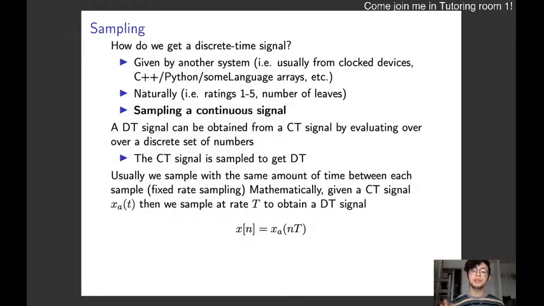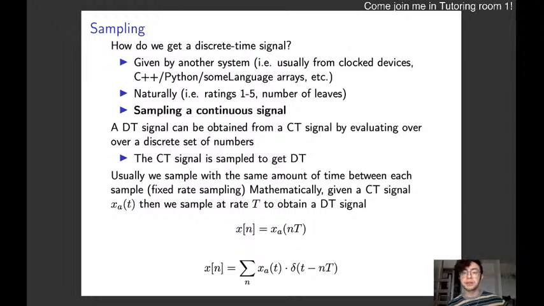We can represent this mathematically by putting in our discrete variable m, which belongs to the integers, and multiplying it by our sampling period, our rate. These two multiplied give us a set of points described by our continuous time signal. We can also represent it as a sum of delta functions.